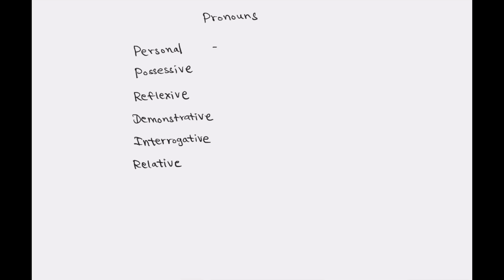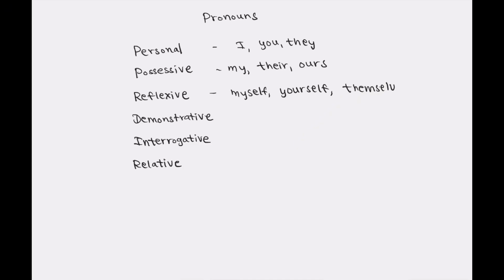Examples for personal pronouns: I, you, they. Possessive: my, their, ours. Reflexive: myself, yourself, themselves. Demonstrative: this, that, these, those.